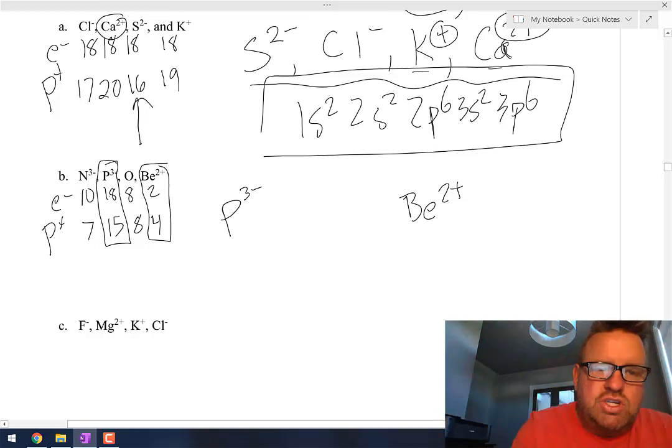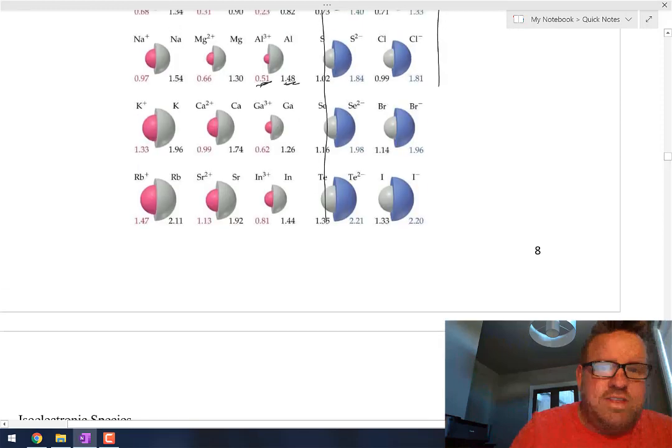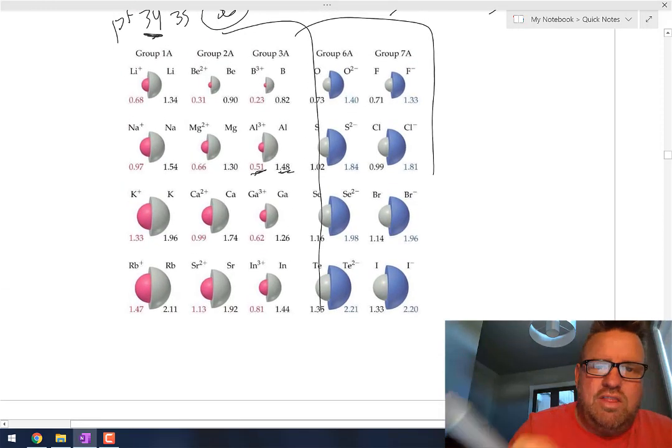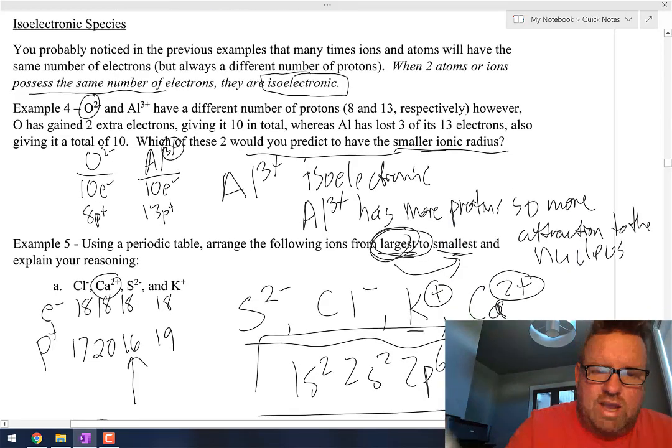Oxygen has 1 more proton, but it also has fewer electrons to attract. If you're not sure, remember, you've got this thing up here that can help you. Oxygen's there, but nitrogen is not. So let's go back down and keep thinking about it.